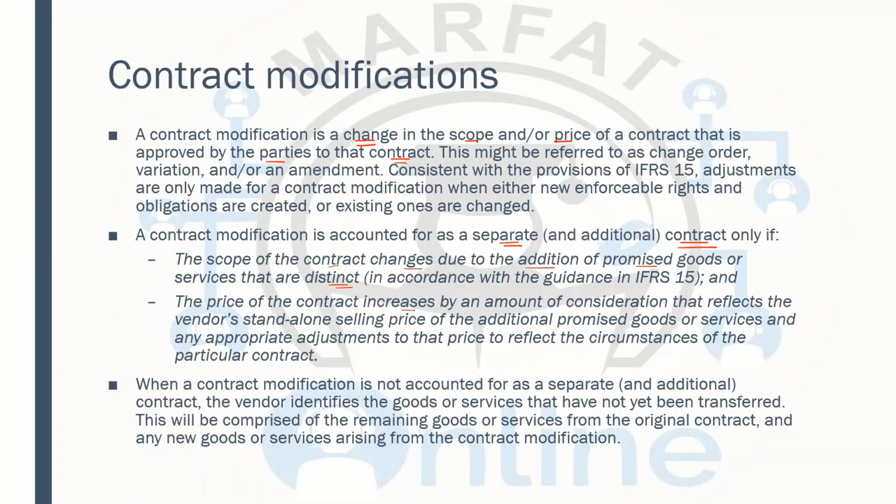The price of the contract increases by an amount of consideration that reflects the vendor's standalone selling price of the additional promised goods, with an appropriate adjustment to the price to reflect the circumstances of a particular contract. Now look, you can even see this. For example, you go and buy yourself a burger and you say, okay, I want this burger. And then there are add-ons, you see over there. And then you say, okay, I want another patty in it.